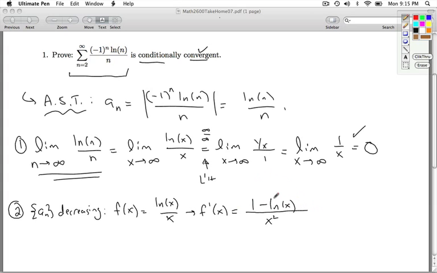Now let's look at what values of x I care about here. If you look up at the top, the series starts at n equals 2. So I'm looking for values x bigger than or equal to 2. And we have a little bit of a snag here, because in order for the natural log to get bigger than 1, x has to be bigger than e. In other words, this function isn't decreasing until x is bigger than or equal to e.